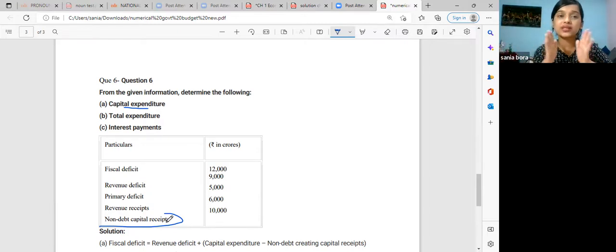So when you put the formula, fiscal deficit equals revenue deficit plus capital expenditure, you are going to subtract it from the capital expenditure. Clear? Yes, ma'am.